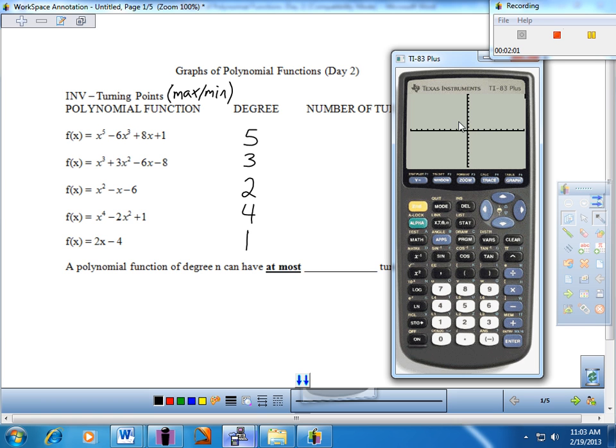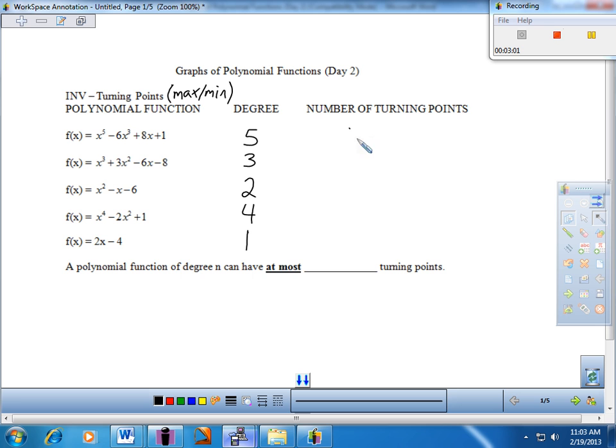But regardless, let's look at turning points. Here's a turning point right here, it changes from increasing to decreasing. So this is a max right here, a min right here, a max and a min. I'm hoping that you see that there are 4 turning points there. So I'm going to put exactly that, 4 turning points for that quintic.